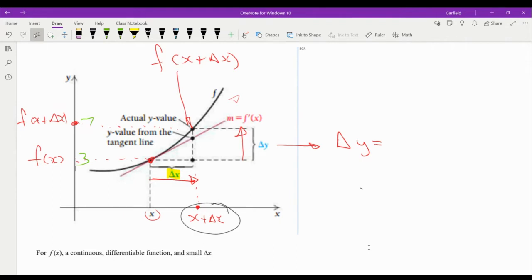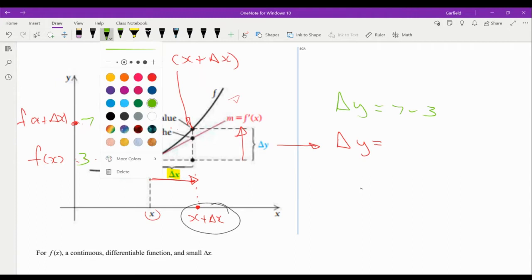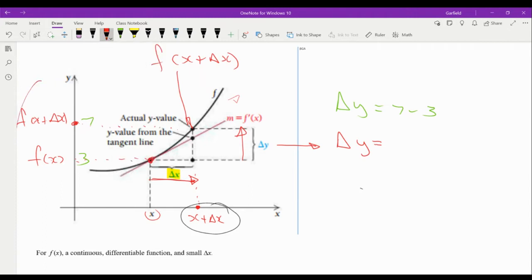So what is delta y in red? So here you told me that delta y was equal to 7 minus 3. The green values. What we're interested in is the ones in red. What is our delta y equal to?